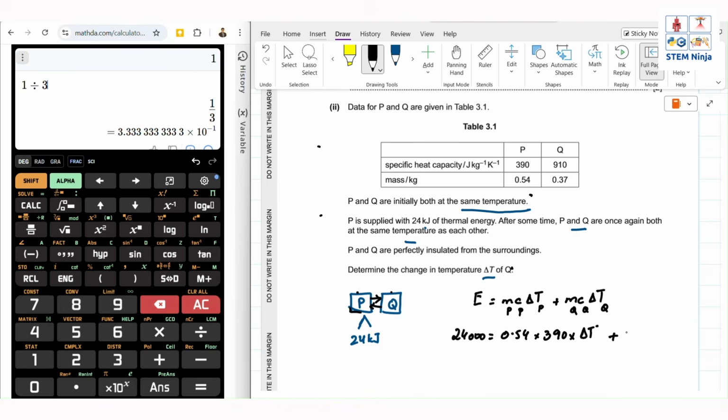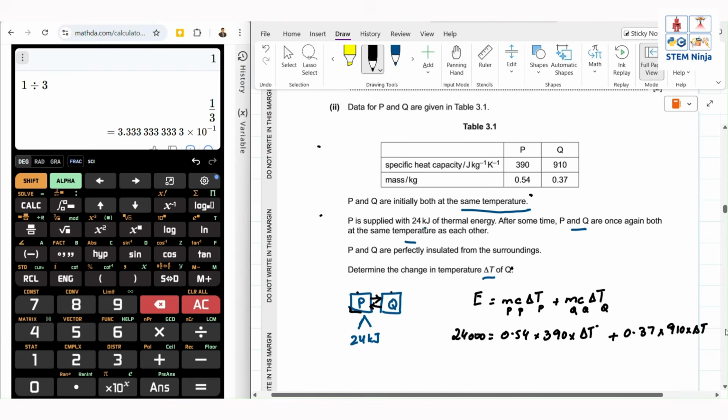Plus 0.37 times 910 times delta T. Again, they're starting at the same temperature, they're ending at the same temperature. So this means that delta T times 0.54 times 390 plus 0.37 times 910 equals 24,000.